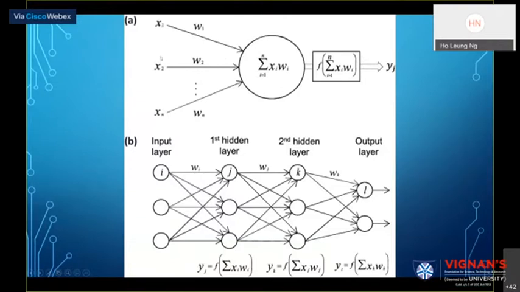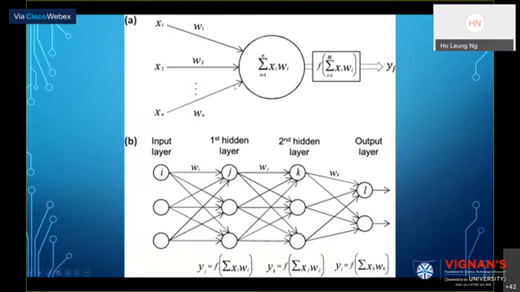An input here is shown as x1, x2, and x sub n. And each of these inputs can be weighted, so here's W1, W2, Wn, etc.